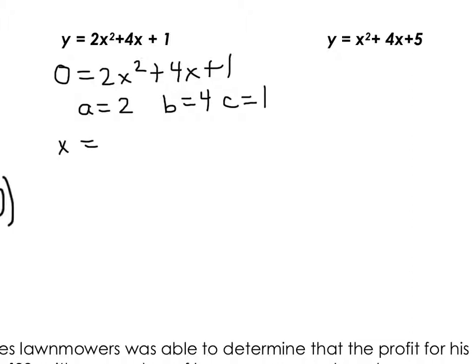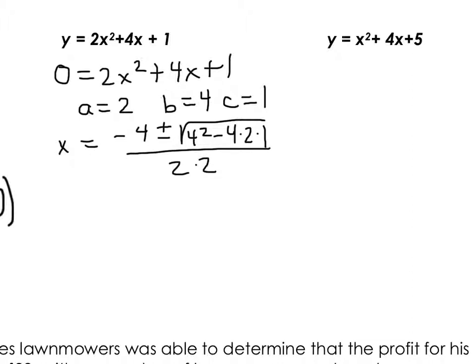So x equals -4 plus or minus the square root of b squared minus 4ac, all over 2a. -4 plus or minus the square root of 4 squared is 16 minus 8, the square root of 8, over 4. All right, that's the exact answer, but I don't really find it all that useful.